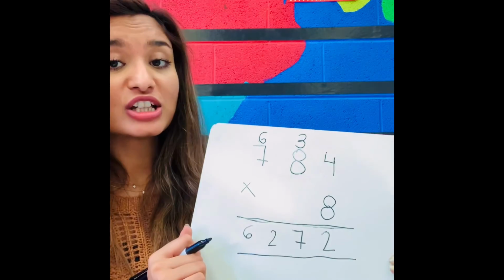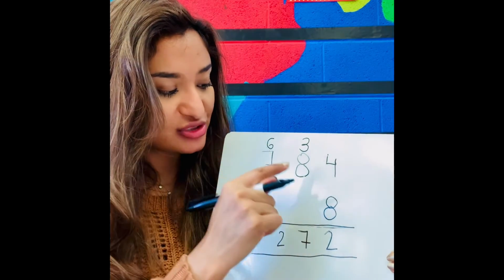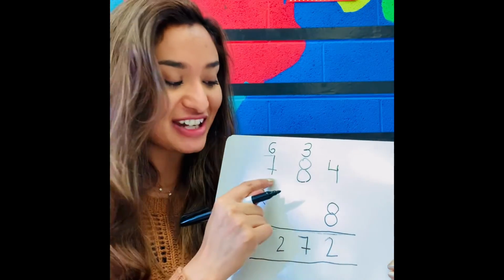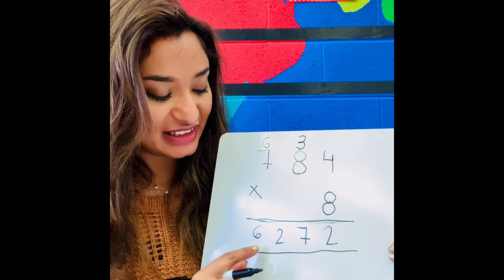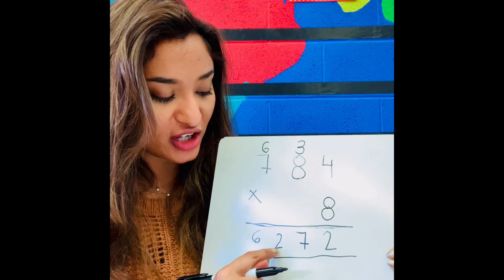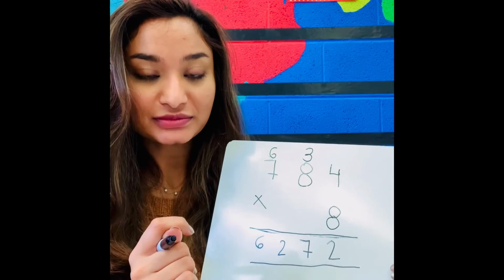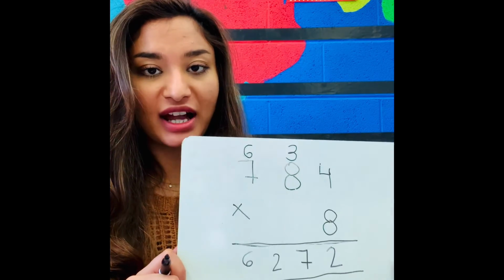There we go. So when we multiply 784 by 8, it gives us 6,272. Okay, that's how we multiply.